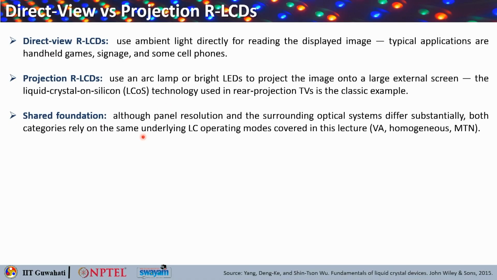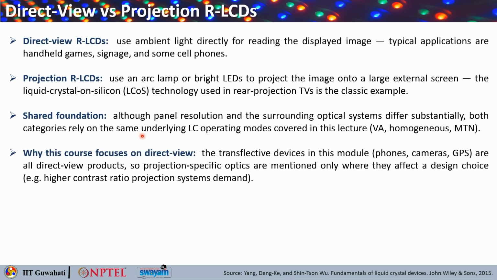So, what you see is that although the panel resolution and the surrounding optical systems differ substantially, both categories basically rely on the same underlying liquid crystal operating modes, which are covered in this lecture, that is the VA, homogeneous or the MTN modes. Okay. Now, why does this particular course focus on direct view?